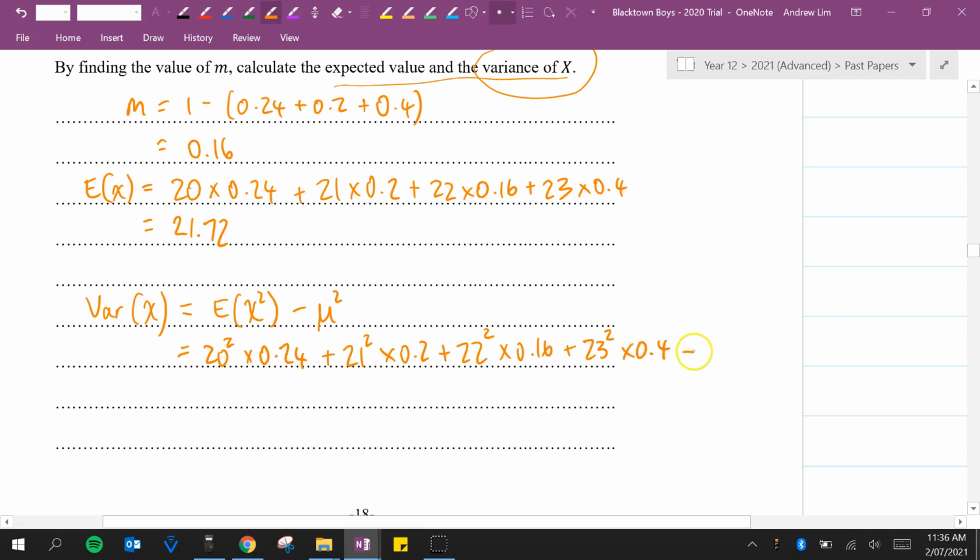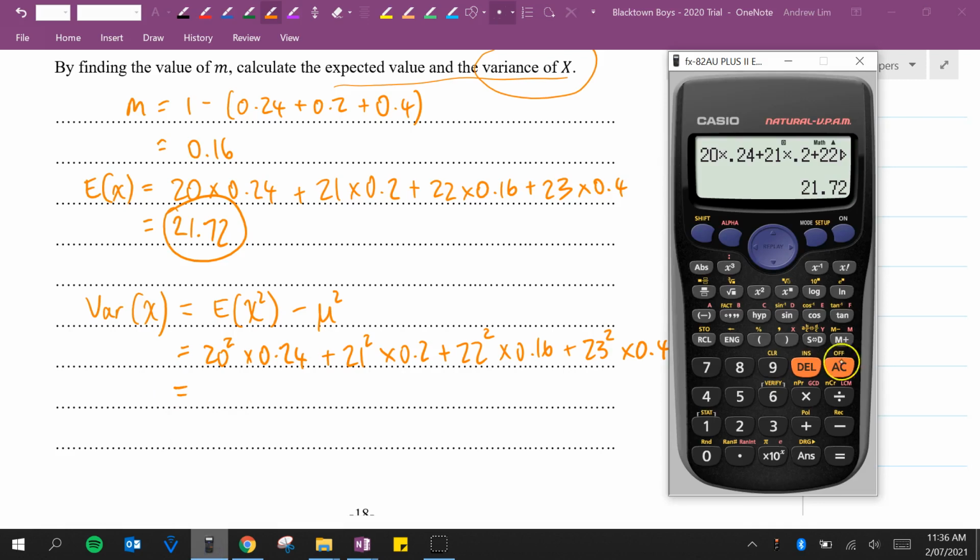I'm going to minus the mean, 21.72 squared. That gives 1.4816.